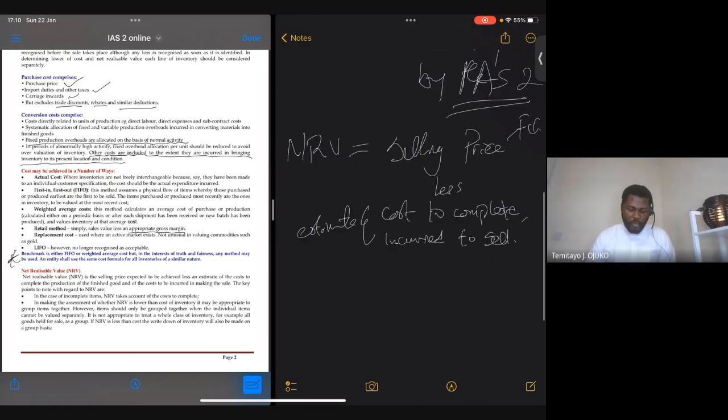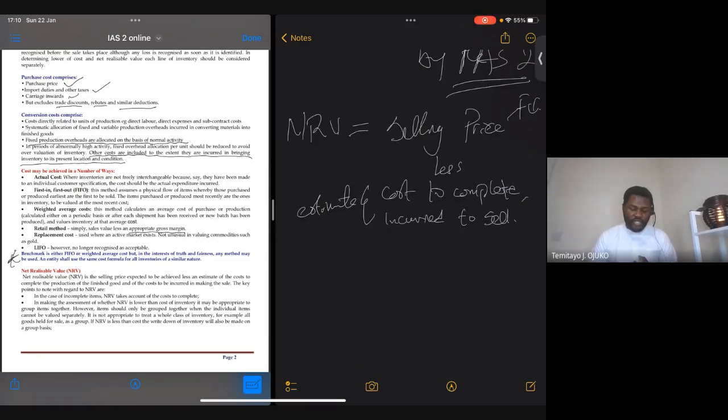Okay, now the key point to note with regards to net realizable value is that in the case of an incomplete item, net realizable value takes account of cost to complete. Let's say you are looking at an inventory that is still work in progress, and you want to value it at net realizable value.